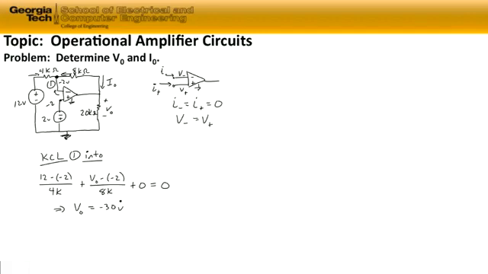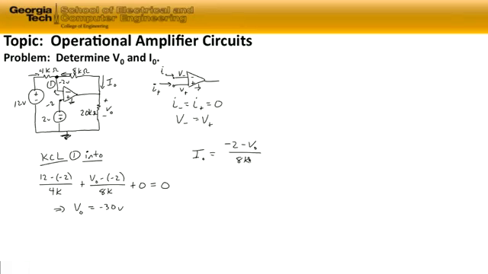So now that's one of the variables that we want to determine in this problem. The other one is Iout. We want to find the current through the 8 kilo ohm resistor. As it's defined in this problem, Iout is in the opposite direction of the current that we were summing into node 1. So Iout is going to be equal to the voltage at node 1, which is minus 2 volts, minus the voltage Vout, so it's minus 2 minus Vout, divided by 8 kilo ohms.